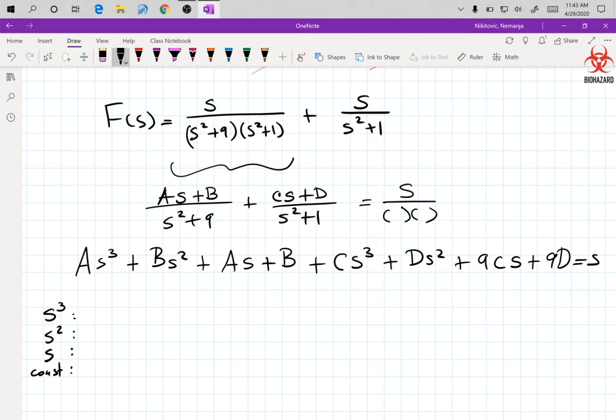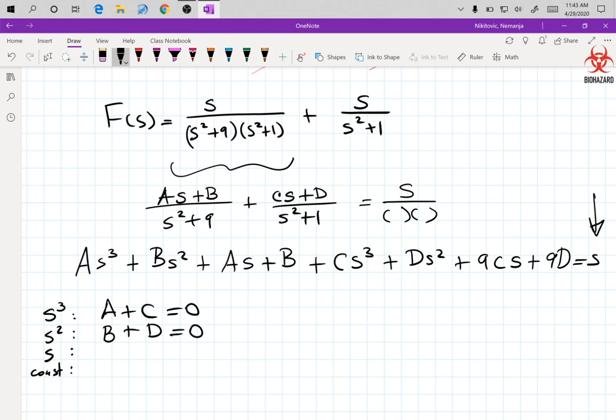S cubed, a plus c equal to 0. There are no cubes on this side. Squared equation, b plus d equals 0, because there are no s squares on the other side.